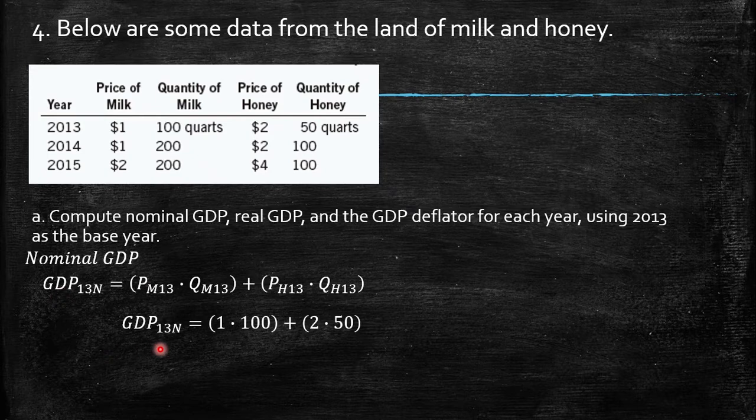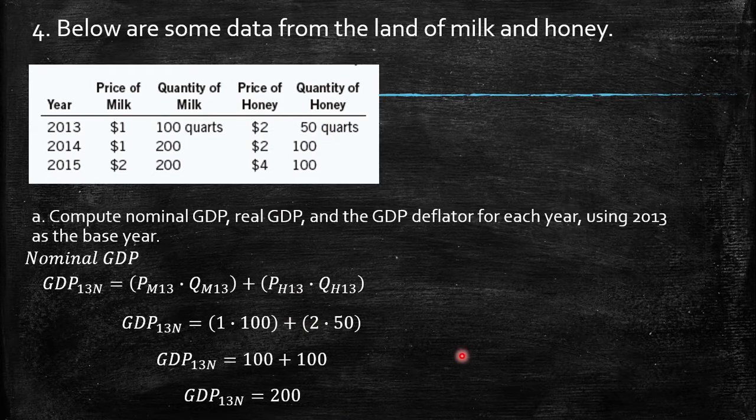Then the nominal GDP of 2013 should be 1, which is the price of milk, times the quantity, which is 100, plus 2, which is the price of honey, times 50. Then we have 100 plus 100. So the nominal GDP for 2013 should be 200.